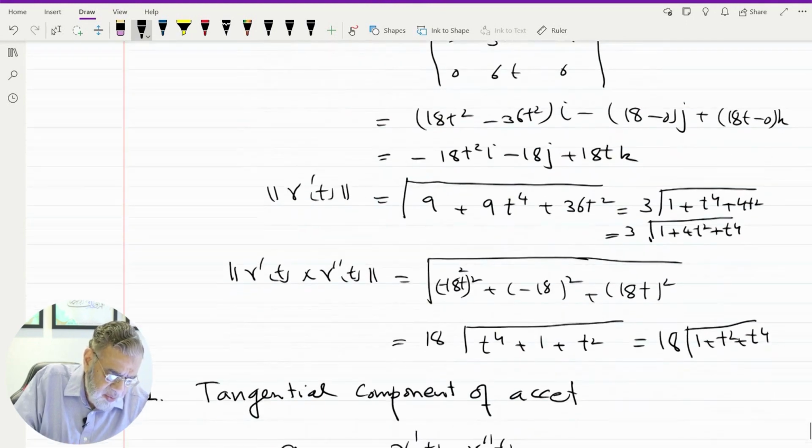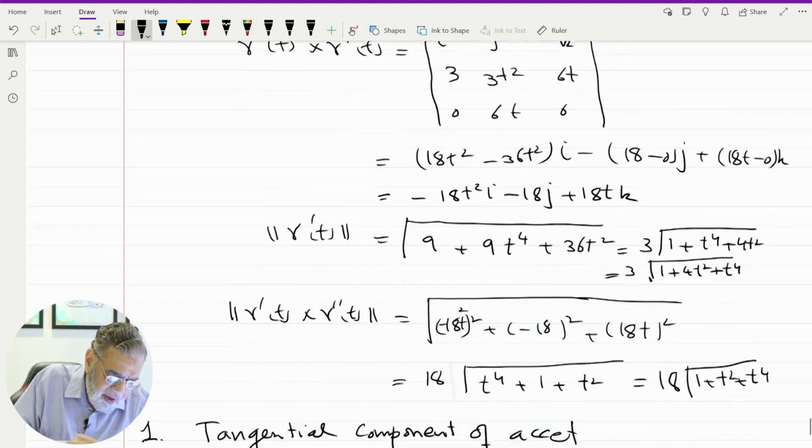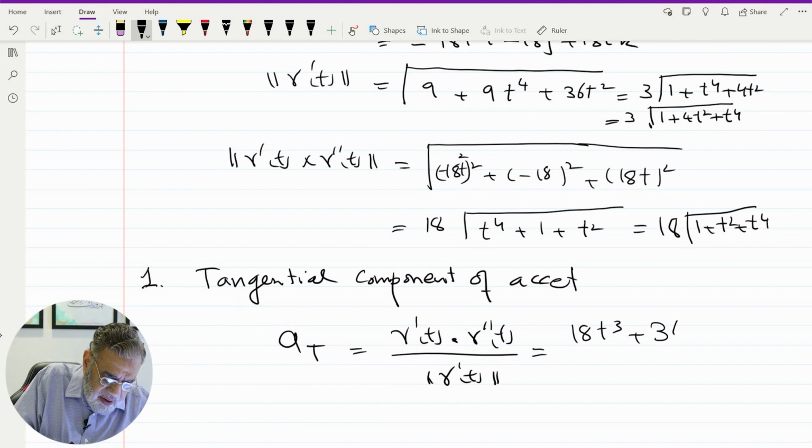18t cube plus 36t, over the magnitude of r dash of t that we have just calculated, 3 into under root sign 1 plus 4t square plus t to power 4.